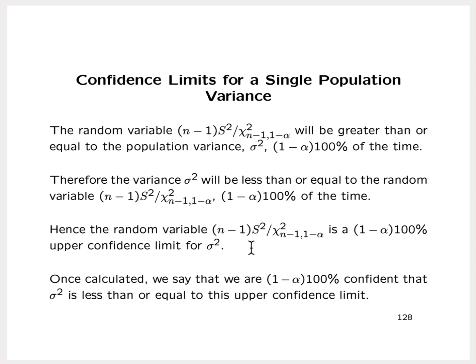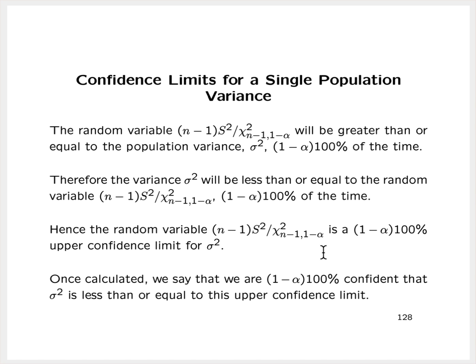And so that random variable, n minus 1 times s squared over the 1 minus alpha upper percentage point of the chi-square distribution with n minus 1 degrees of freedom, is a 1 minus alpha times 100% upper confidence limit for sigma squared.